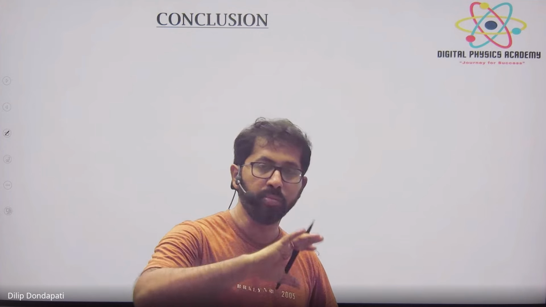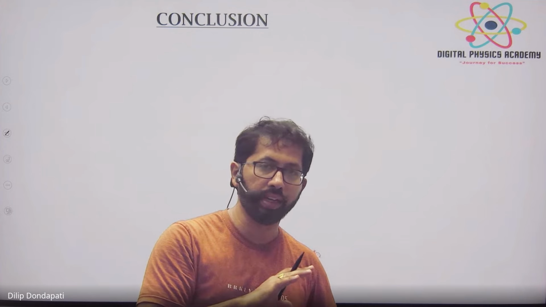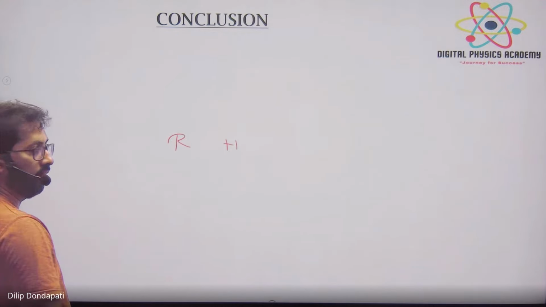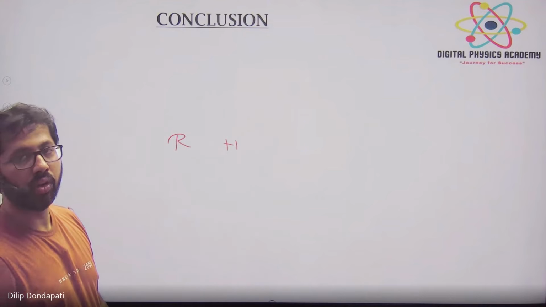Maximum height is R max by 4, that is for maximum range and maximum height. But I am asking only about range and height: R equal to 4h cot theta.